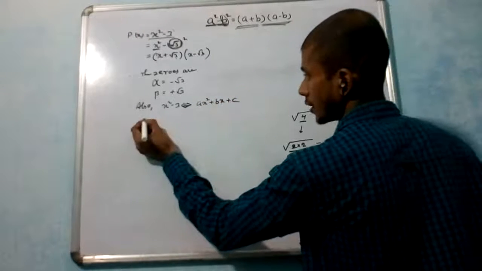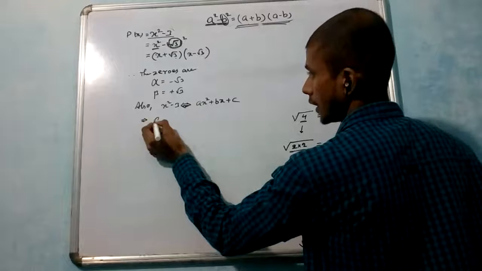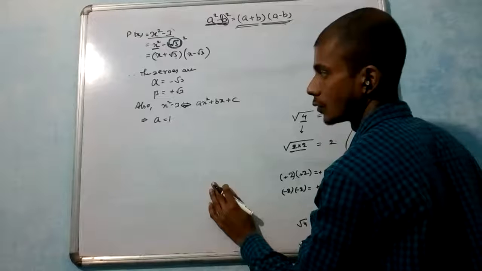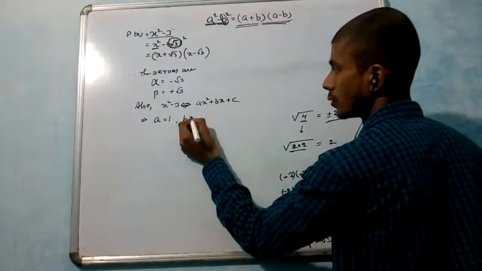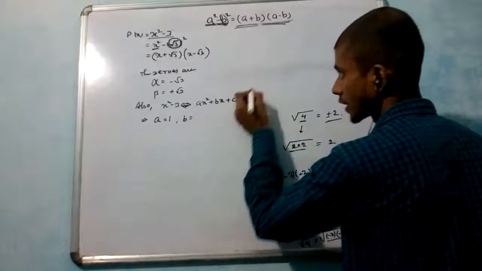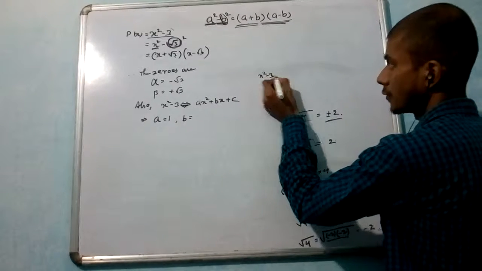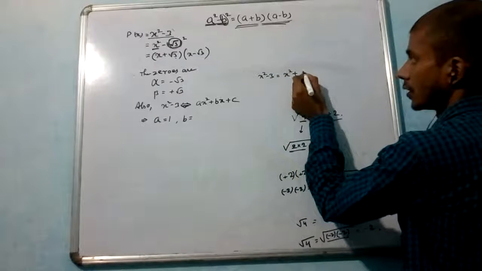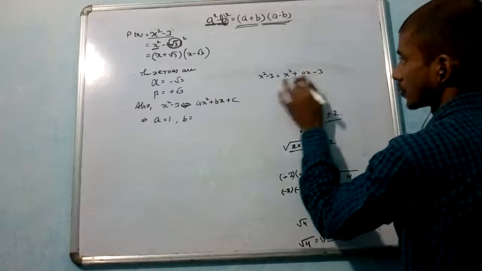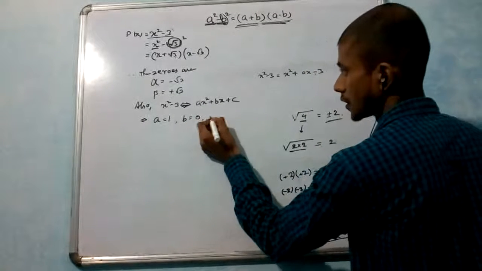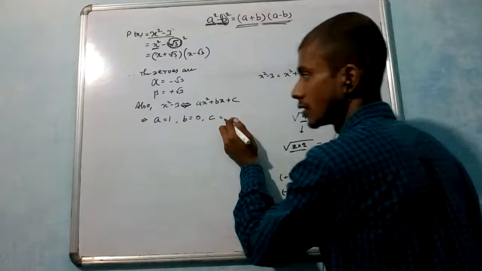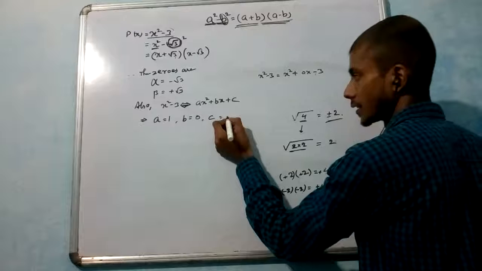A is equal to 1, and b is equal to 0, because we can write x square minus 3 as x square plus 0x minus 3. So nothing is there, means b is 0 and c is minus 3, fine.